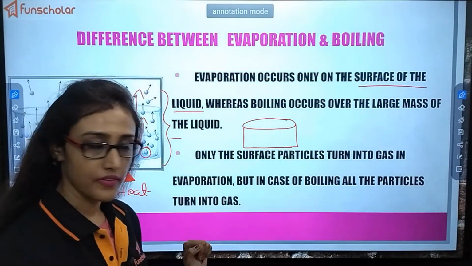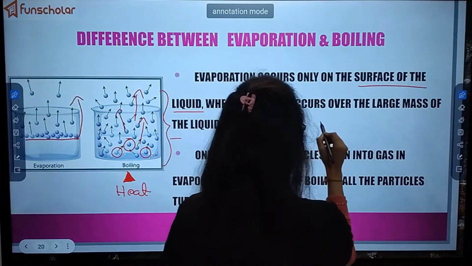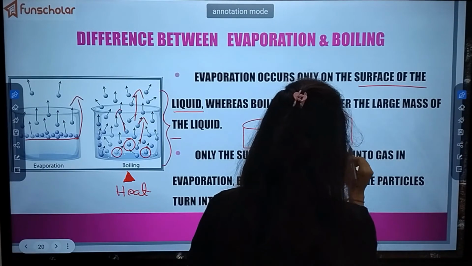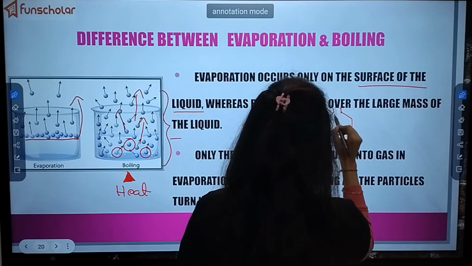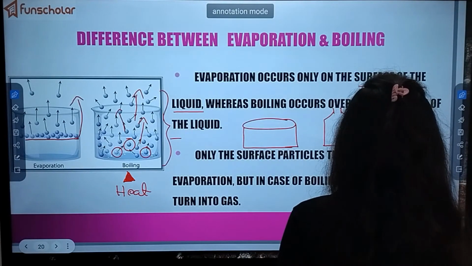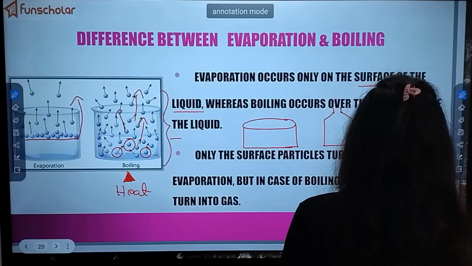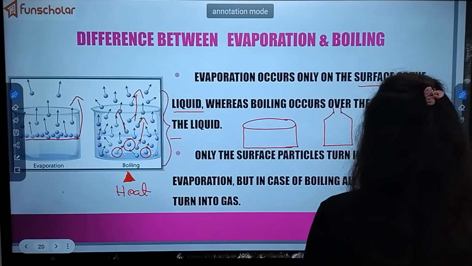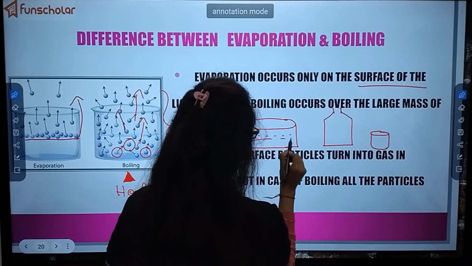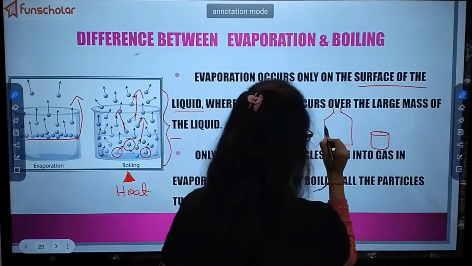So now if I ask you, there is a circular vessel, there is a bottle, and there is a small egg. Now I am putting water.